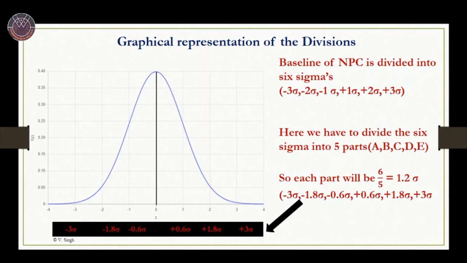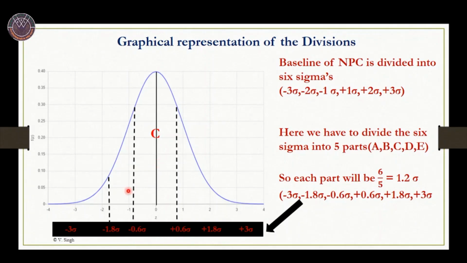Now we can locate these 5 subgroups in this region. The central subgroup, that is subgroup C, will lie between minus 0.6 sigma and plus 0.6 sigma.